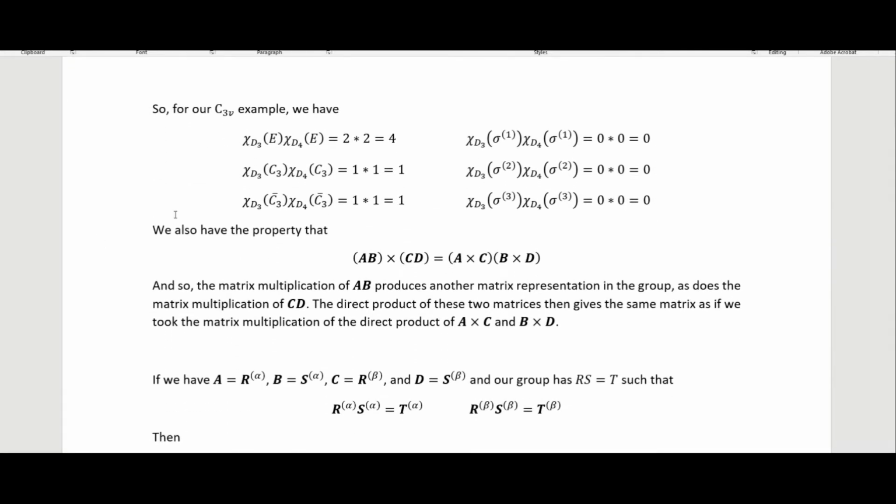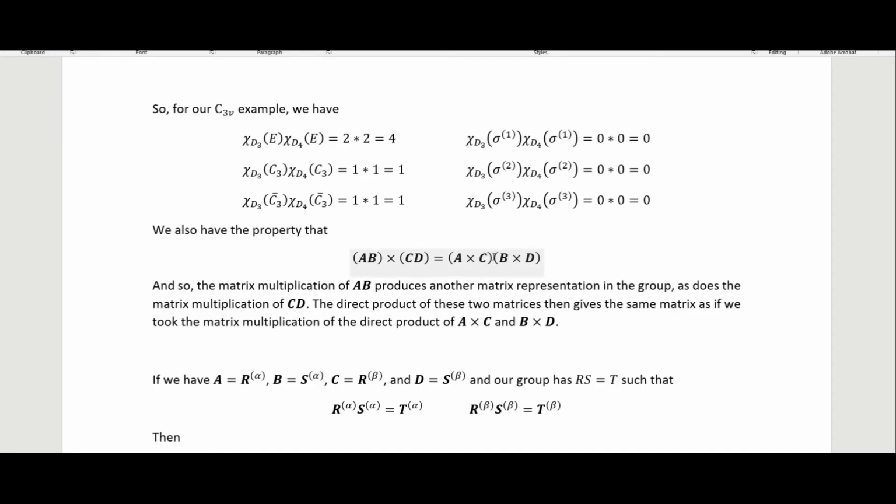The direct product also has the property that if we take the matrix multiplication of two elements of our group and do the direct product with the matrix multiplication of two other elements of the group, that equals the direct product of these first two elements of our group, which will make another matrix of higher order.